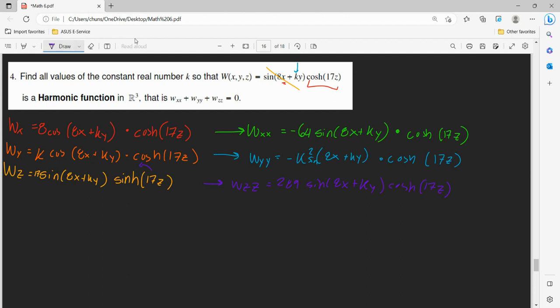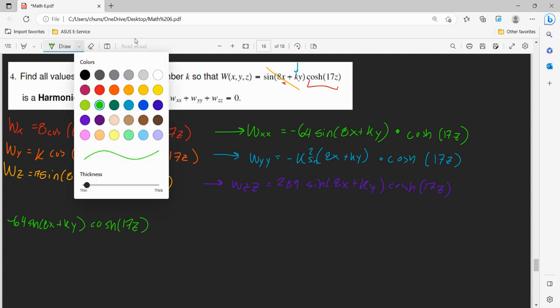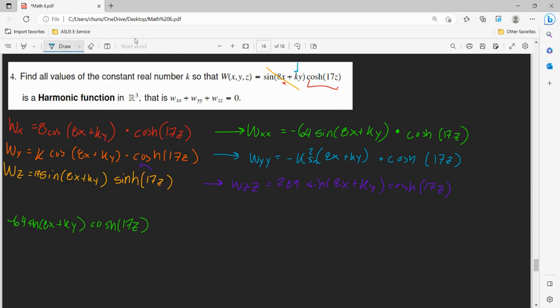All right, now I want to add these all together so they are equal to 0. So let's start with sine 8x plus ky times n cosh 17z. Okay, and this is plus our blue one, so that's minus k squared sine.